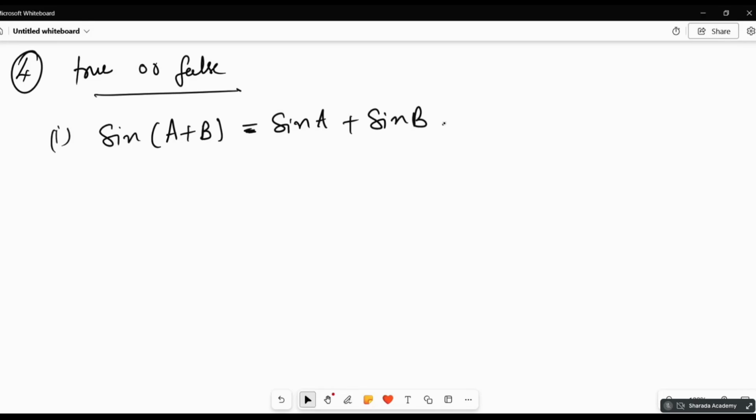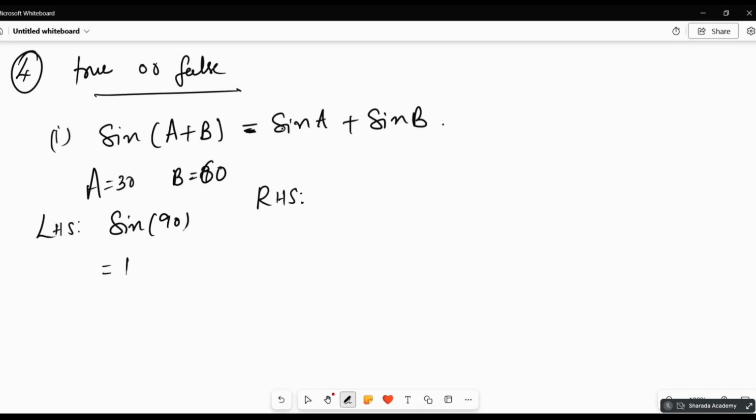False. How can you check? Put some values for A and B. Put A is equal to 30 degree and take B is equal to 60 degree. Sine of A plus B is sine 90, LHS, so it is 1.